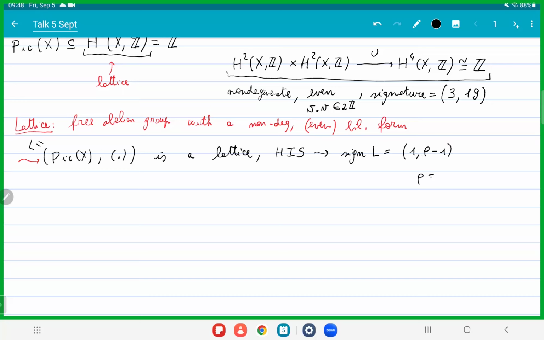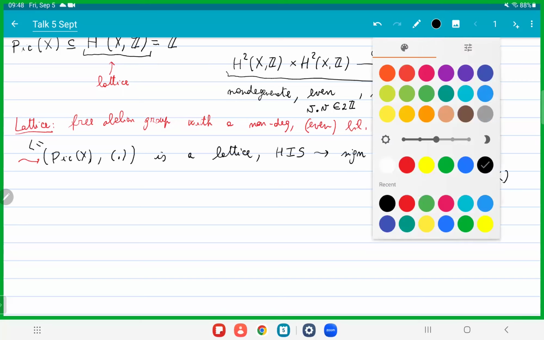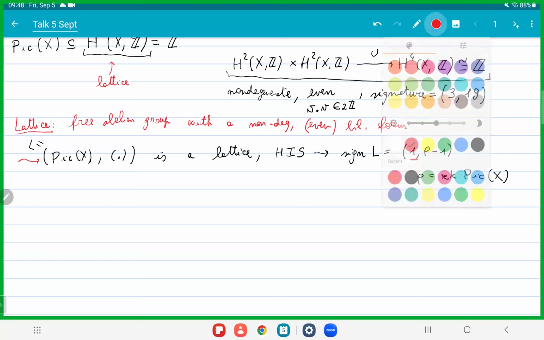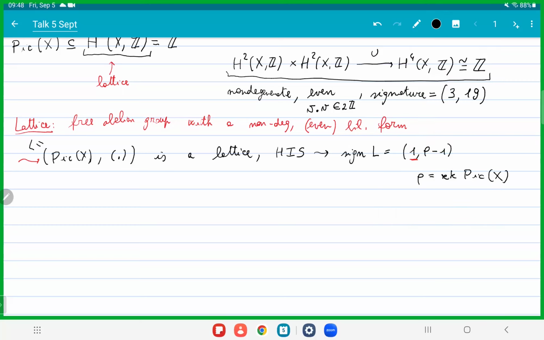So rho is the rank of the Picard group. And the Hodge index theorem says that there's a unique positive direction. The positive direction is given, for instance, by a polarization of the surface. Any other direction is negative. So we call these sort of lattices that have signature 1, something hyperbolic. So this is a hyperbolic lattice.